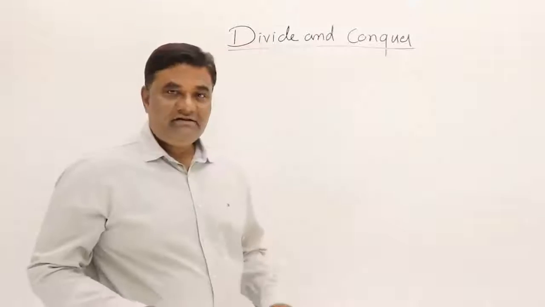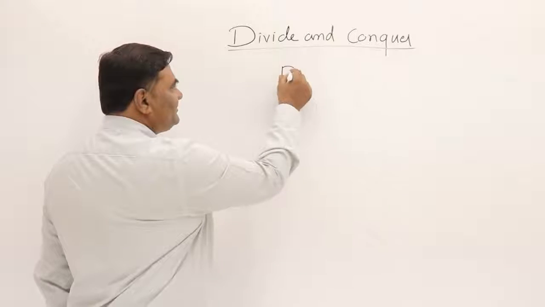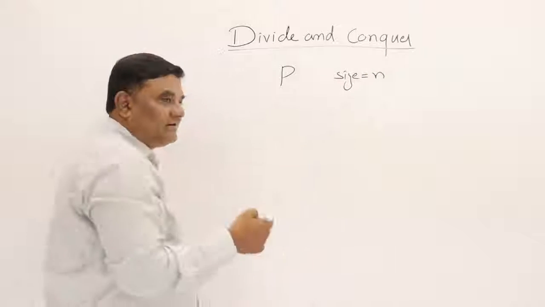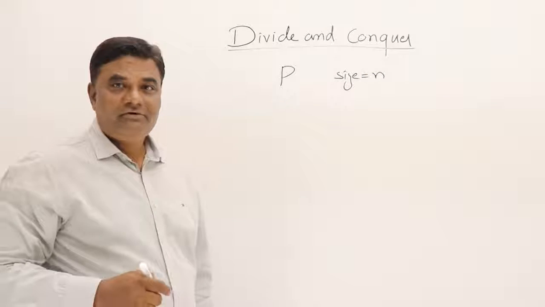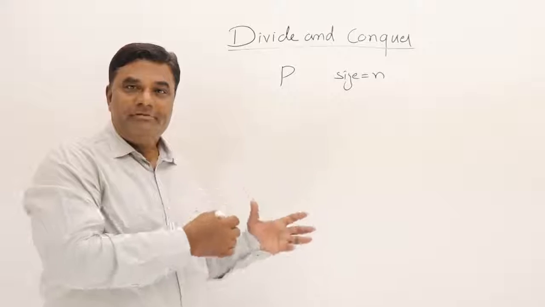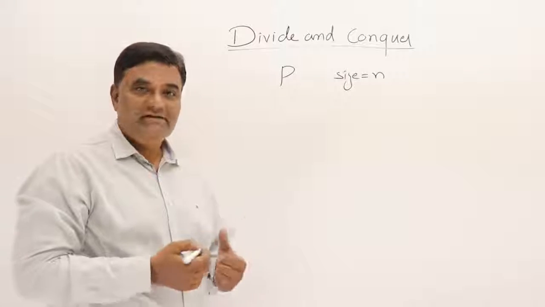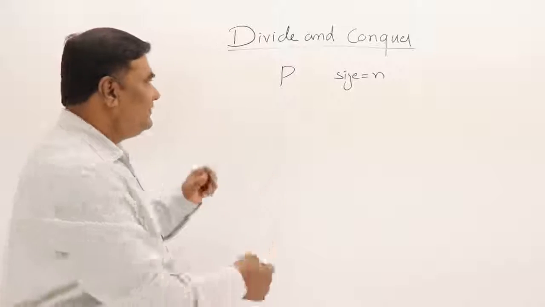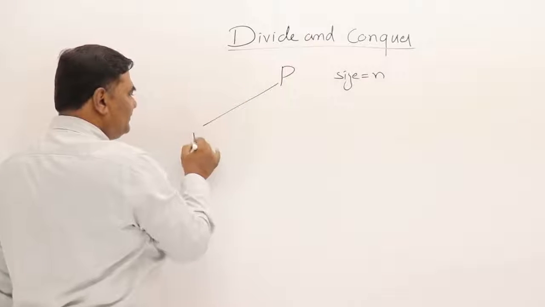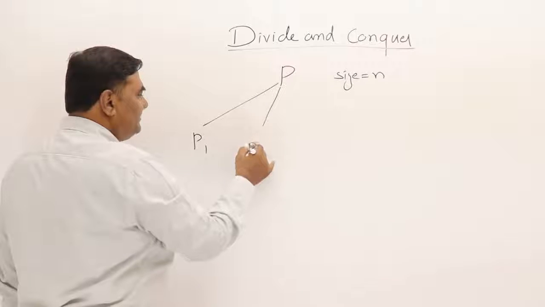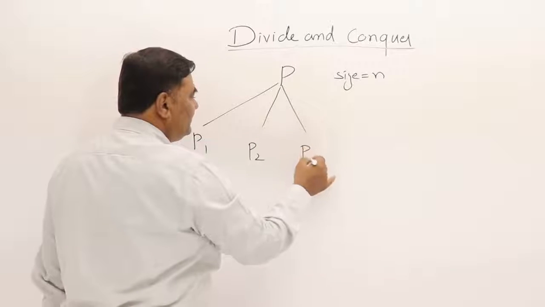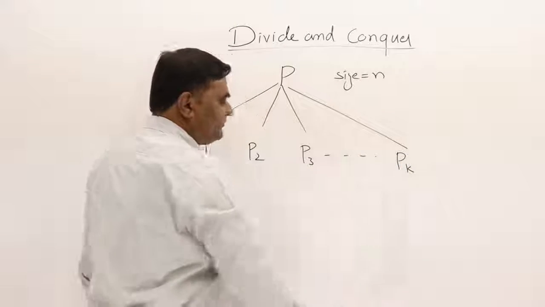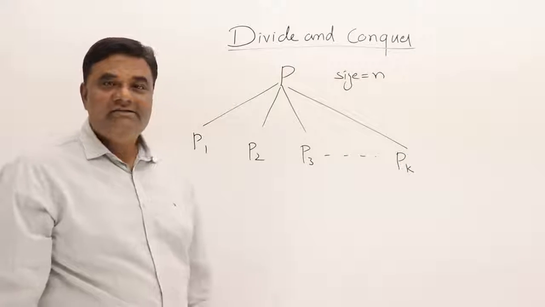If a problem of some size is given, let us say size is n. This size is the size of the input for a problem. So if a problem P is there of some size, and if we say that this problem is large, then you can break this problem into smaller sub-problems, P1, P2, P3, and so on, as many as possible. That depends on you. So let us say K sub-problems.